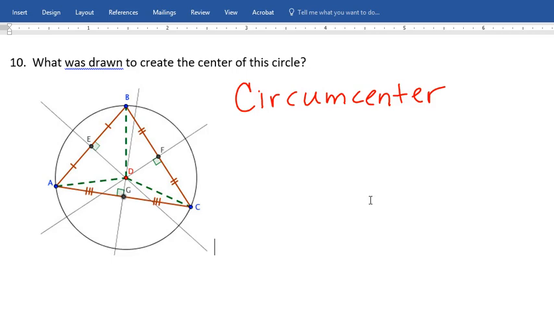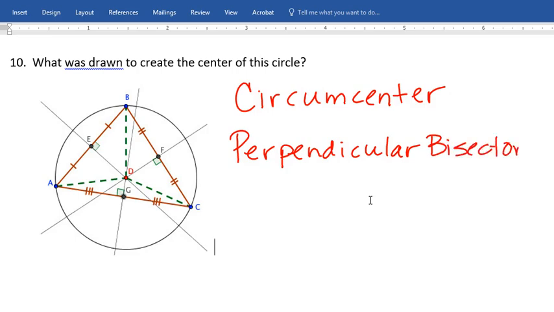And in this case, I see that the sides are being bisected and they are perpendicular lines that are bisecting the sides. So in this case, it's perpendicular bisectors. So you really should just be able to look at the drawings here to tell whether it's an angle bisector or perpendicular bisector, if that's the question that's being asked of you.